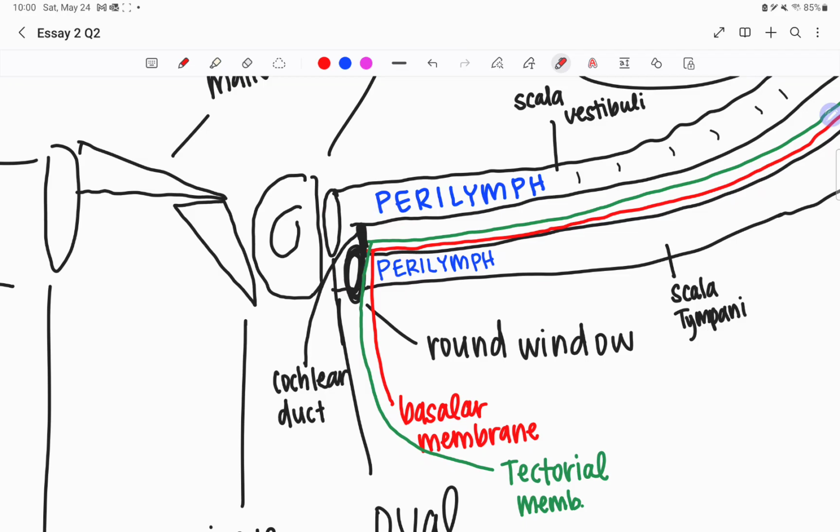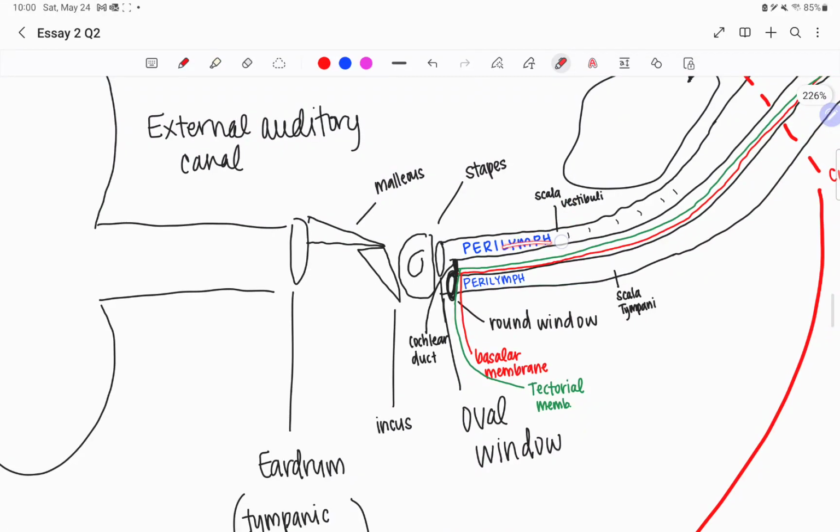Now, we talked about how this is the scala vestibuli, this is the scala tympani. Now we have this middle chamber here called the cochlear duct. And between the cochlear duct and the scala tympani is the basilar membrane.